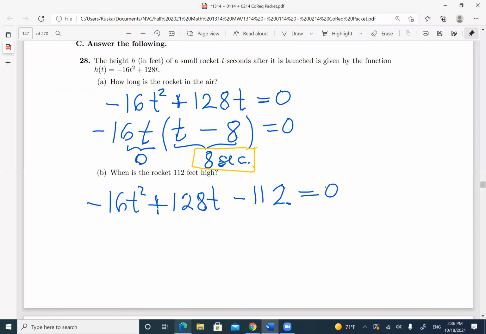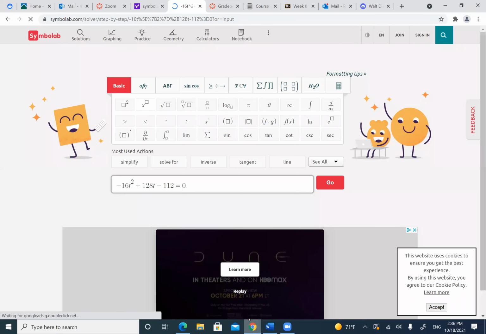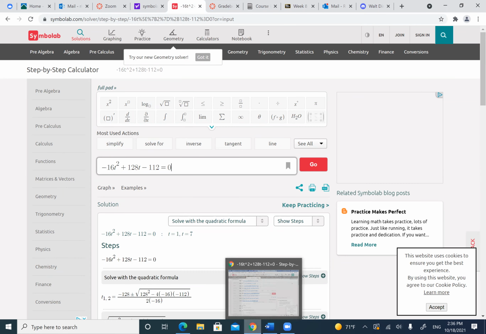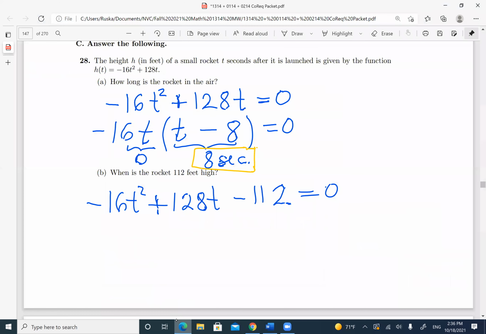Let me double check. 112, 128, yes. And then we're gonna get t equals 1, t equals 7. So these are the two times, after the first second and after the seventh second, when the rocket is gonna be at that height.